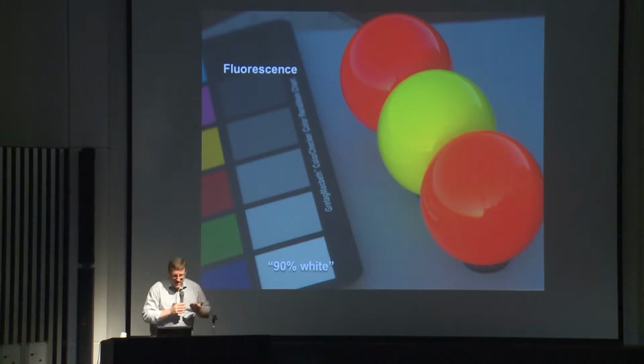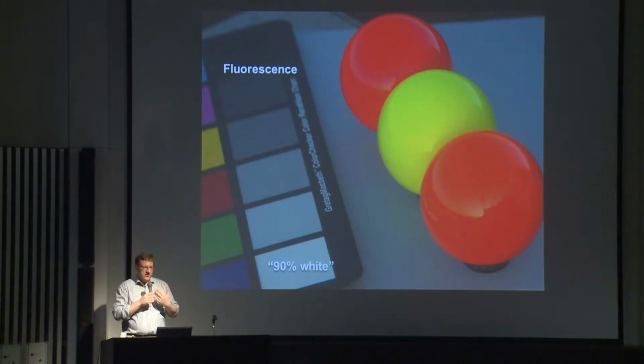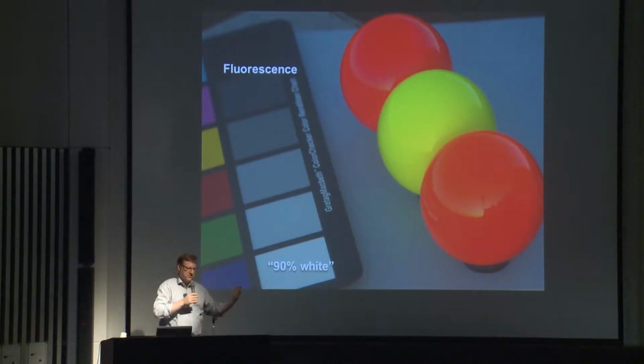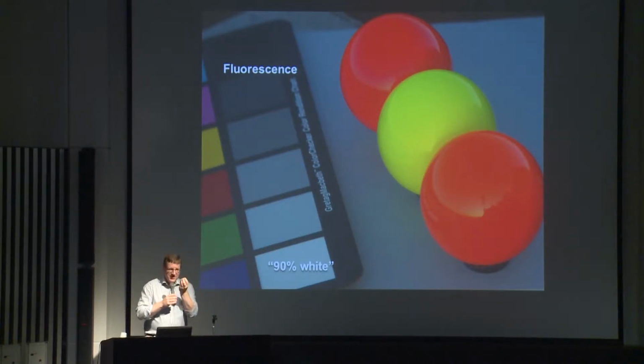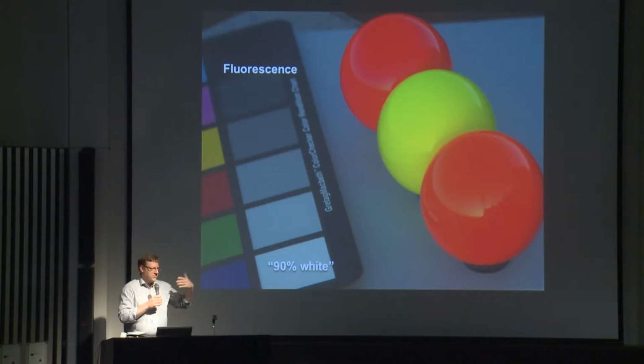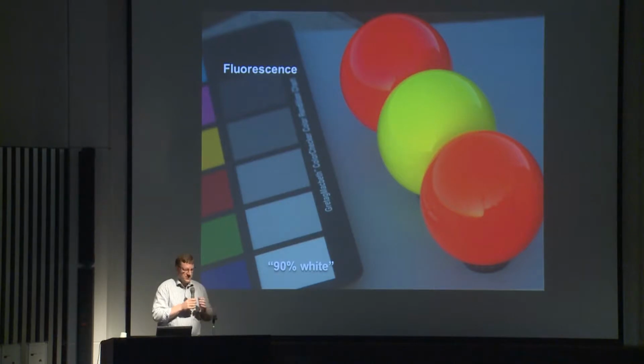Okay, and how is that? Well, it takes energy from one part of the spectrum, potentially the non-visible spectrum, and re-emits it inside the visible spectrum. And therefore, it can produce larger amounts of energy at particular wavelengths than a 100% reflector.